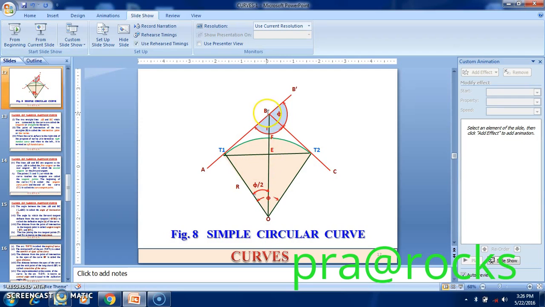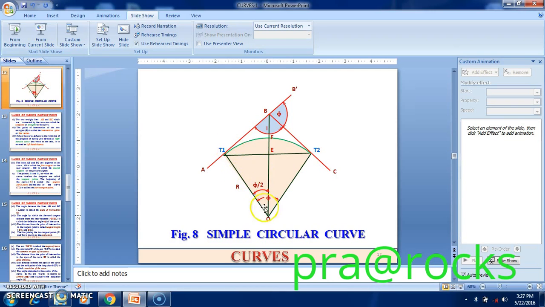BF will give the apex distance of the curve, and EF is termed the versine of the curve.